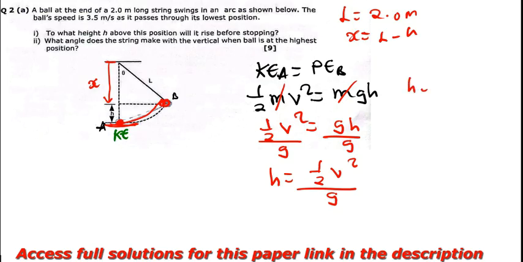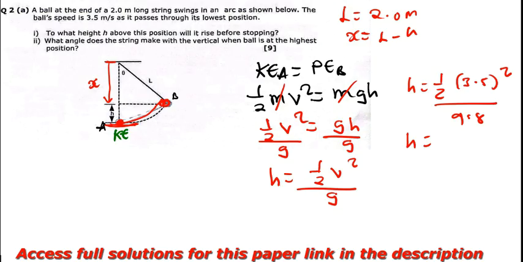So h will be equal to half, the velocity is 3.5, we square it, and we divide it by 9.8. So what will be h? If I go back here to find my h, I have 3.5, I square it, times 1 over 2 is 0.5, and I divide it by 9.8.